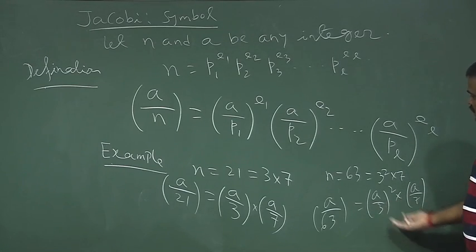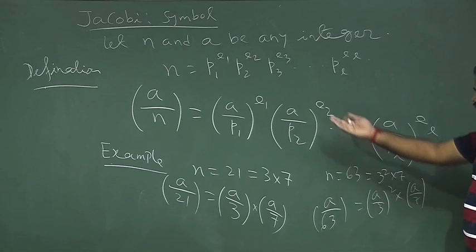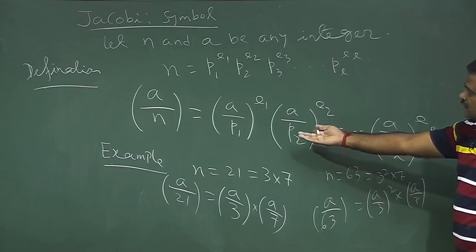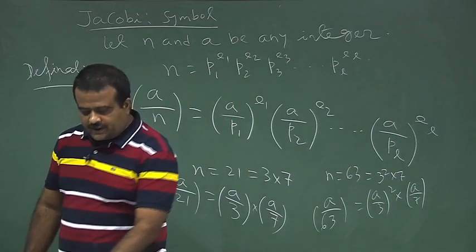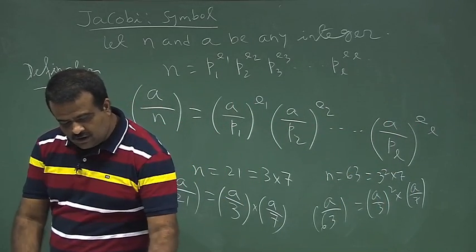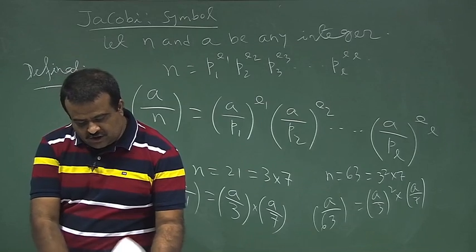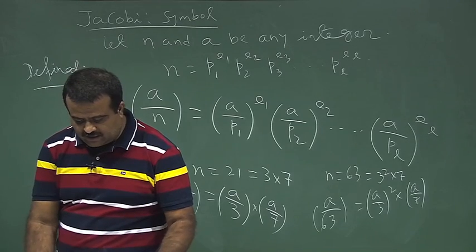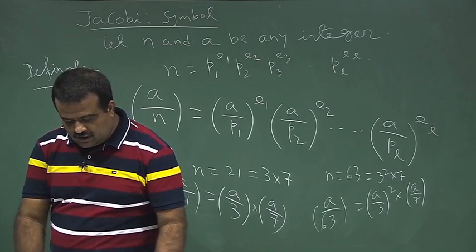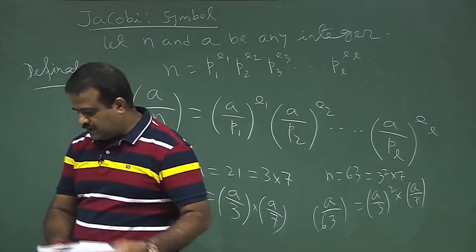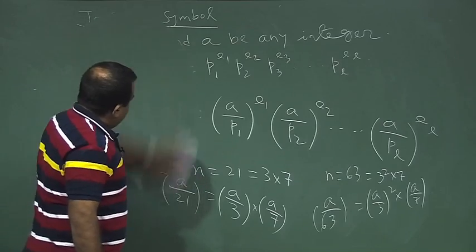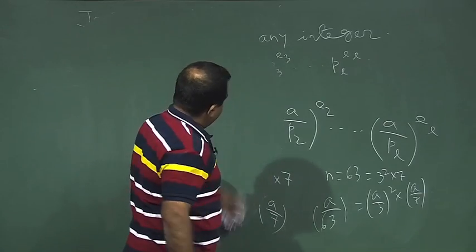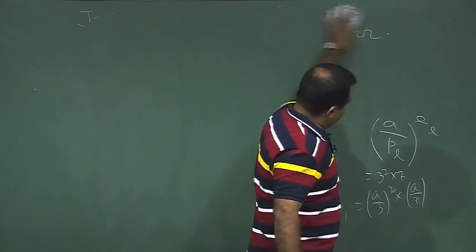So the Jacobi symbol is defined through the Legendre symbol, and now we will talk about some properties of this symbol, so that you can use them to calculate Jacobi symbols. These results can be proved by this factorization of the primes in the Legendre symbol.